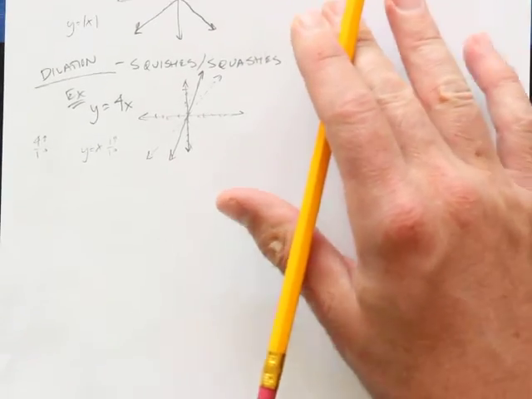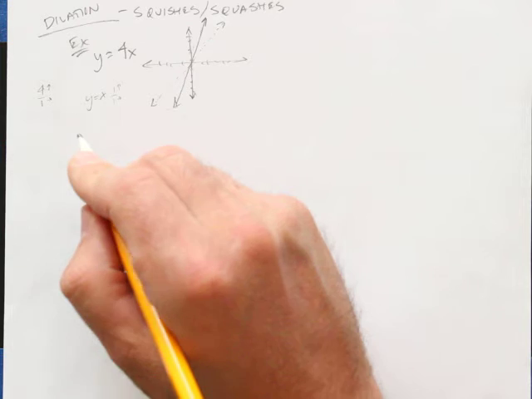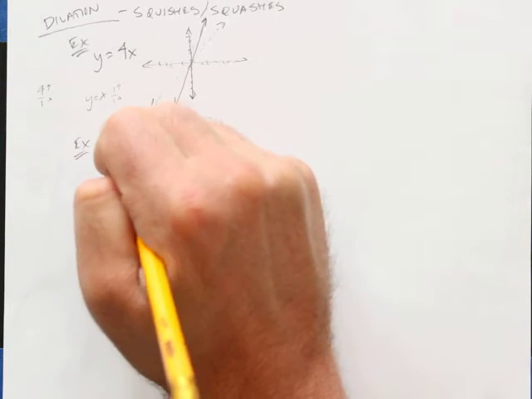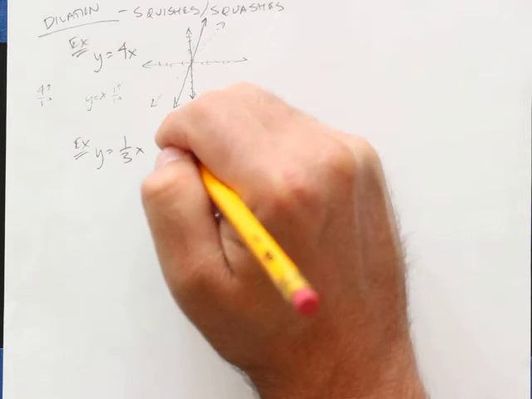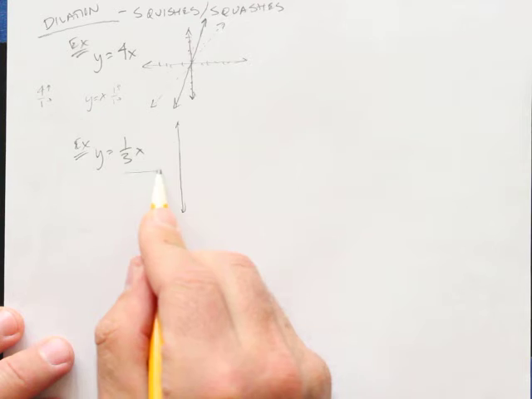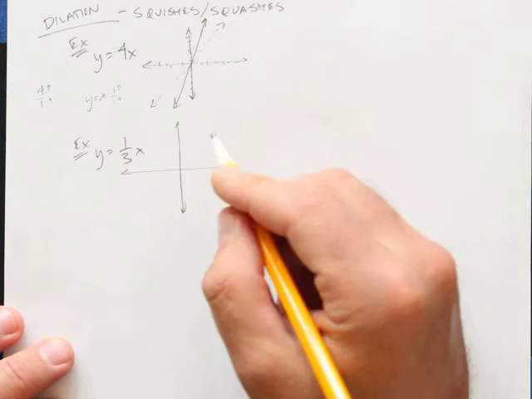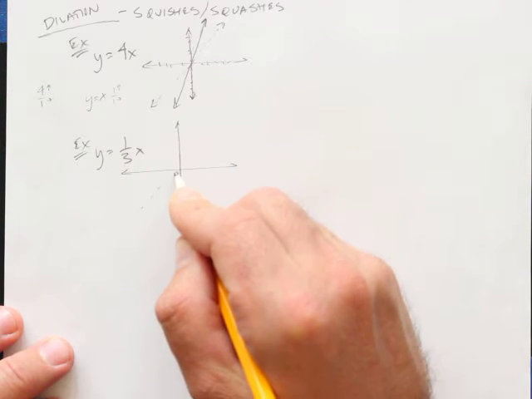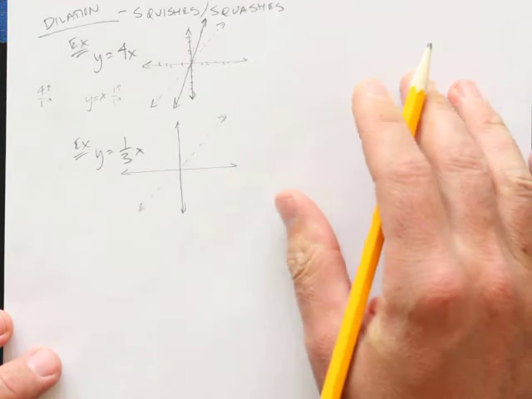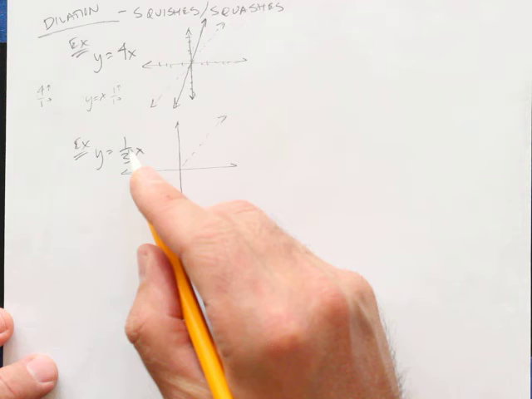Let's do another example. Let's say this time y equals 1/3 x. So y equals x again is my parent graph. And now this one is 1/3.